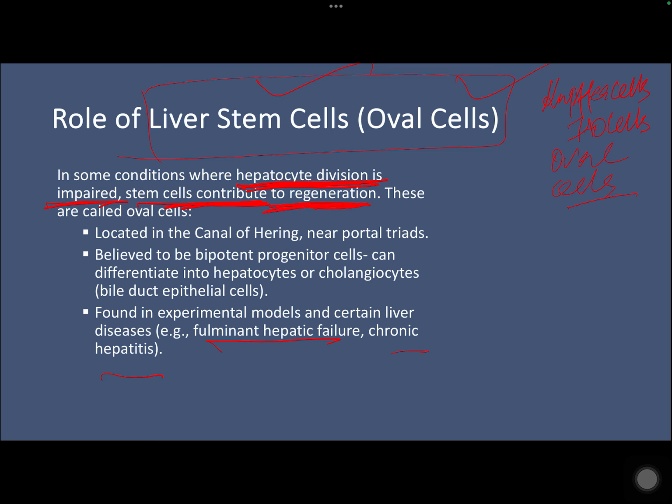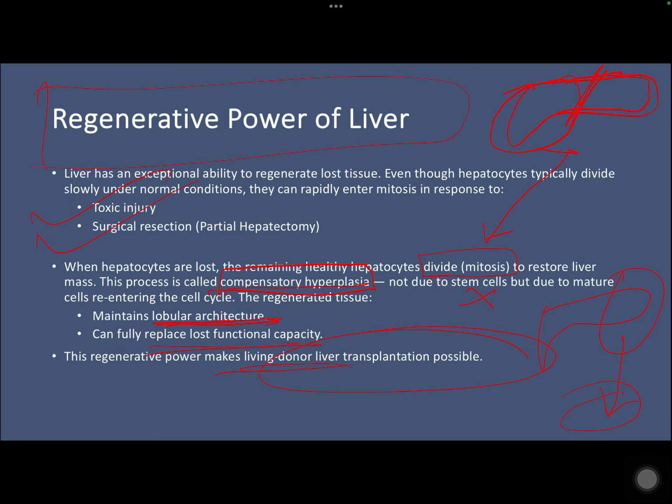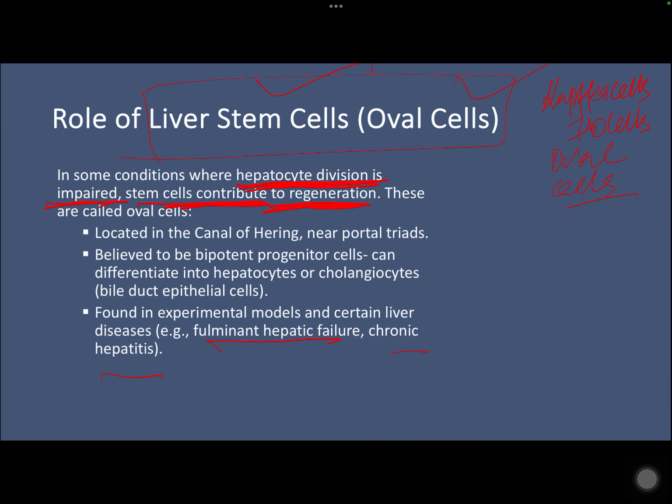So usually, as we have seen, there is no role of stem cells in the regenerative power of the liver. It is purely a compensatory hyperplasia. That means cells undergo mitosis and they regenerate that part of the liver. But in some conditions, this mitosis gets impaired.